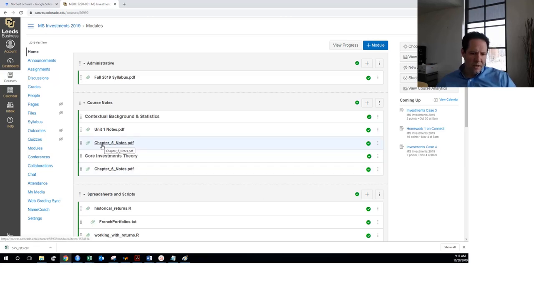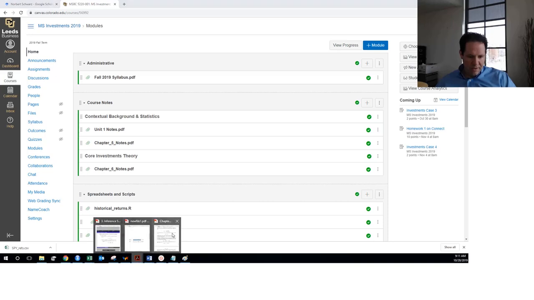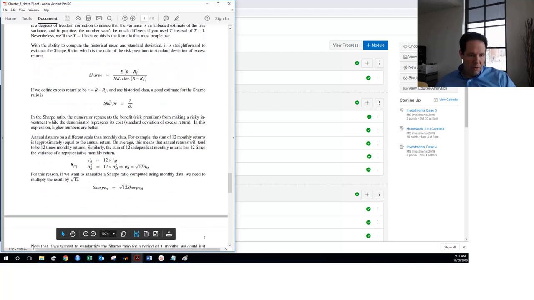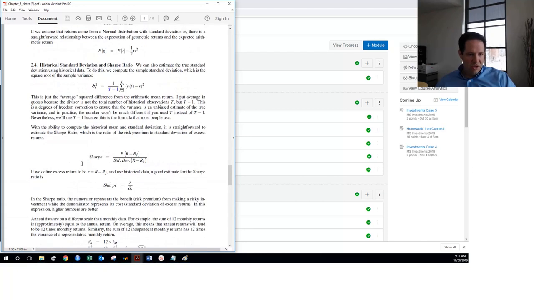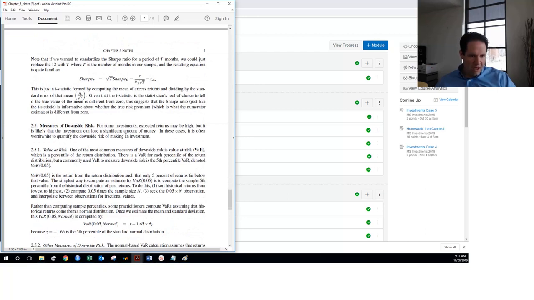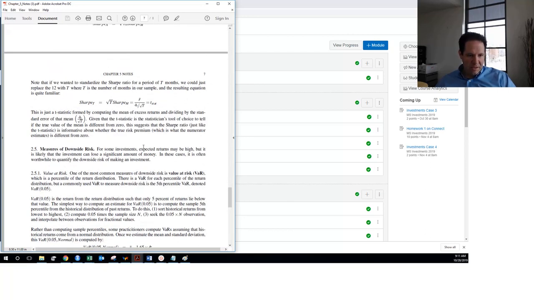We're here in the Chapter 5 notes. If you have that downloaded, you can see that we'll be in section 2.4 on historical standard deviation and the Sharpe ratio, and section 2.5 on measures of downside risk.